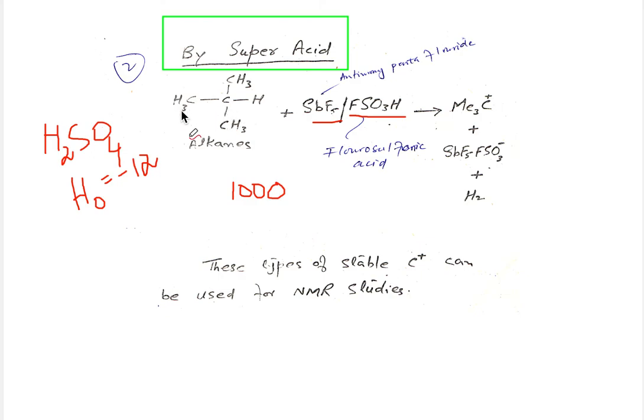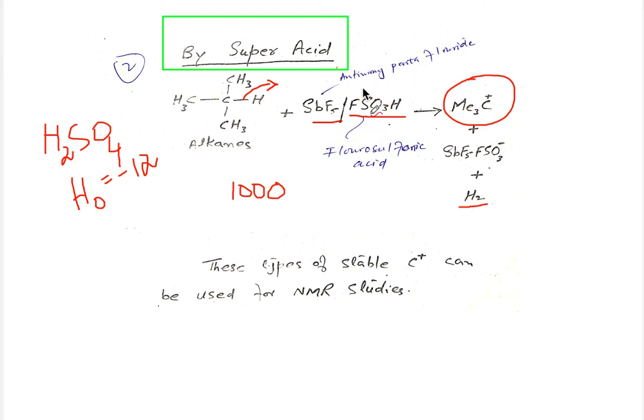So when a highly inert alkane is dissolved in antimony pentafluoride or fluorosulfonic acid, it can deprotonate the substrate alkane by withdrawing the hydride ion, resulting in a stable carbocation, in this case the tertiary butyl carbocation, with the removal of hydrogen gas.